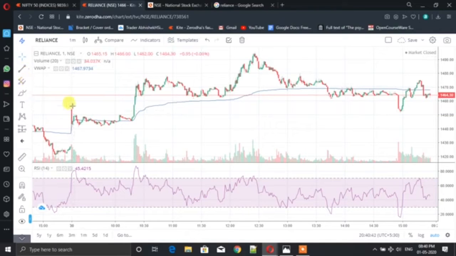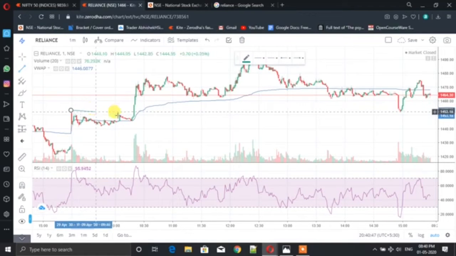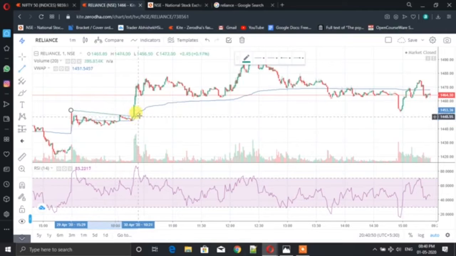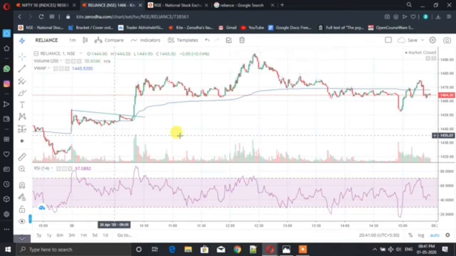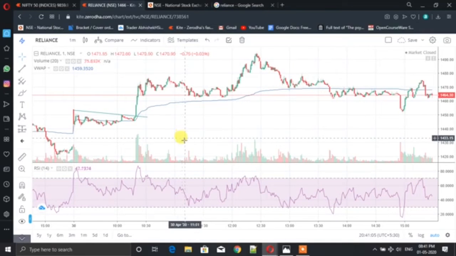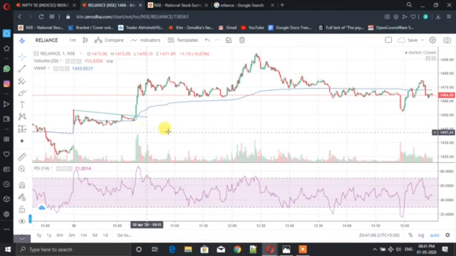What one could have done is taking a triangle like this, connecting the tops. Sorry for the lag in the internet, guys.